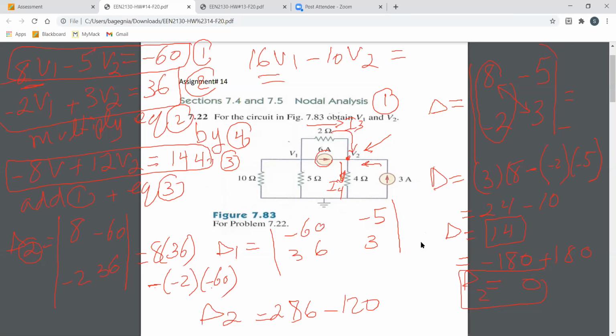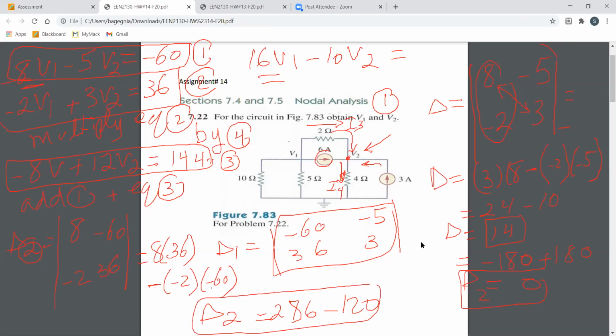Okay, so again, you look down here, you could double check. If you want to check your steps for delta 1 and delta 2, it's already clear over there, and it's nice and easy to review and check.